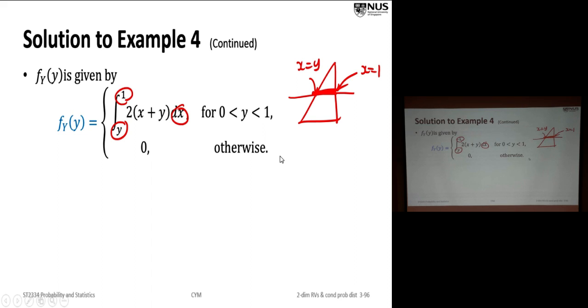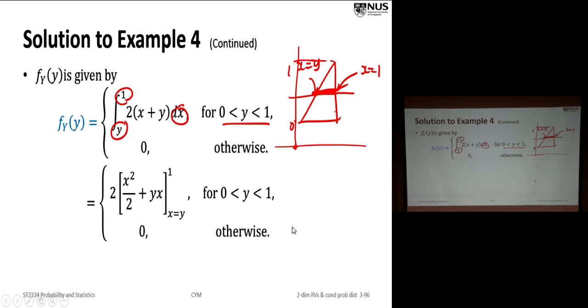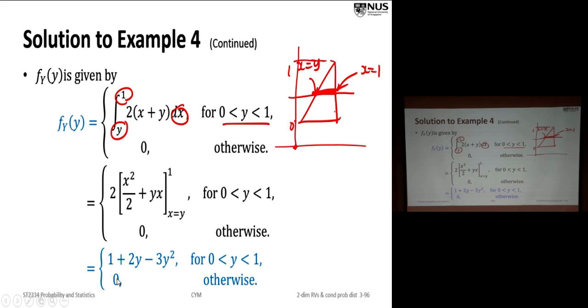And this is valid for y between 0 and 1. Outside that it is 0, because there's no joint probability density. After you complete it, it is 1 plus 2y minus 3y squared.